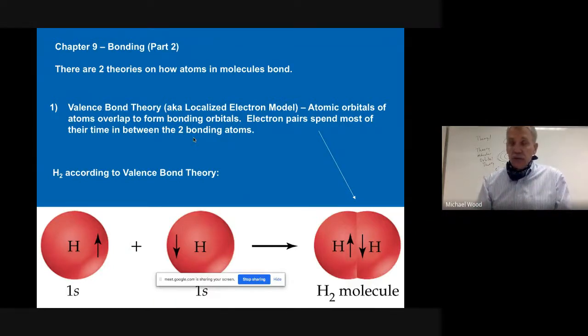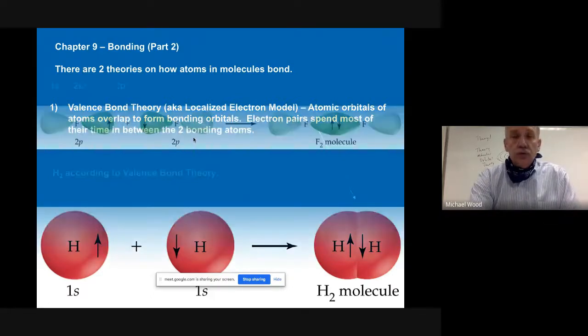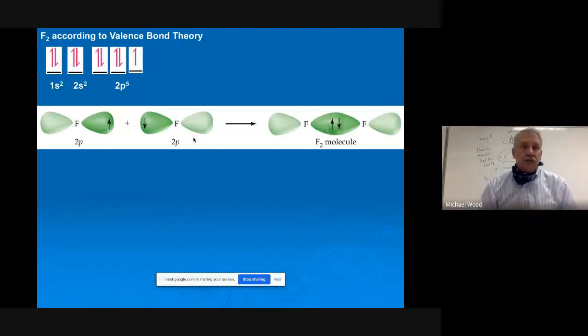They are found in the middle between the two nuclei. Okay, so here's the next one. Same thing. I'm going to come back and do this on the board. I'll do this F2 with the valence bond theory, or the localized electron theory.